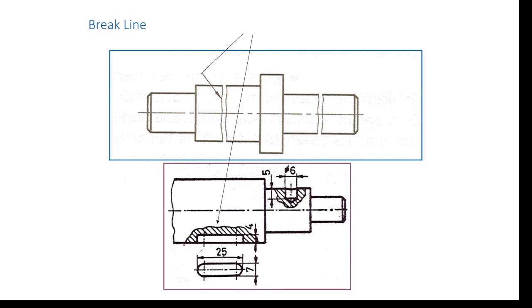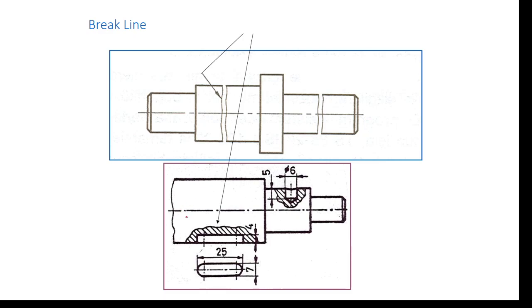But in some cases, if we cut the body to show the hidden features as if they were visible, then we may not show the images of the exterior entities.